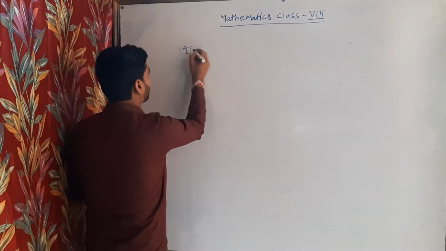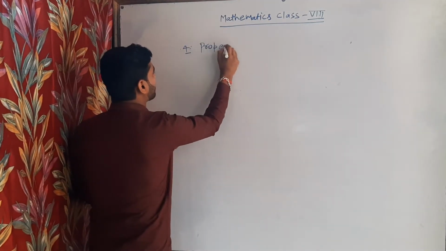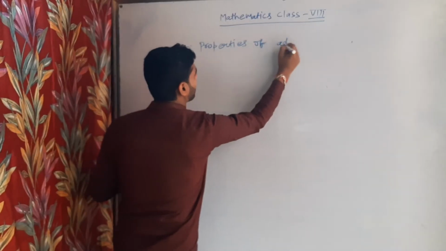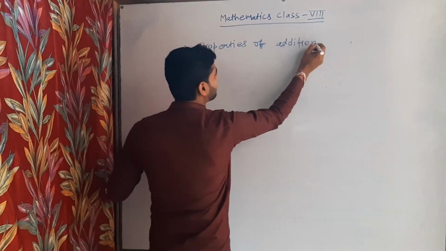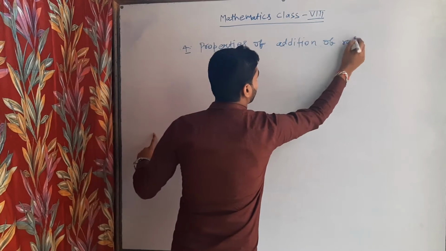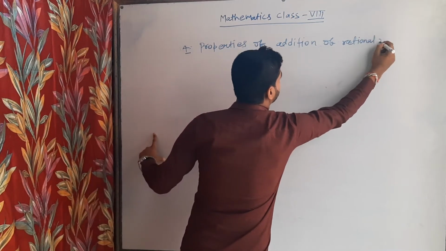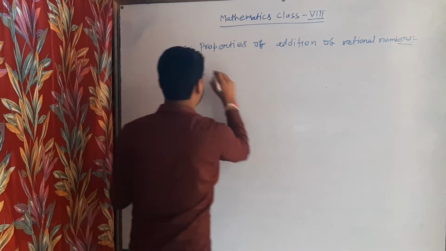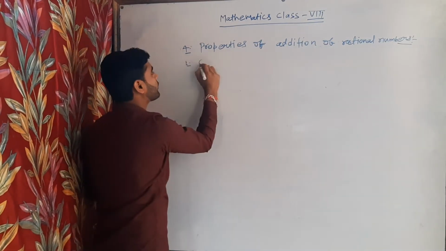Number 4, properties of addition of rational numbers. First, closure property.